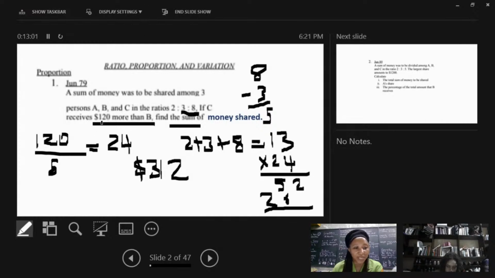C got 120 more than B. So the difference in the ratio between C and B is 5. So the $120 represents the difference of 5 in the ratio. If we divide the 120 by 5, we find the unit value of the ratio, which is 24. Now we can multiply it by the total ratio to get the total sum of money.